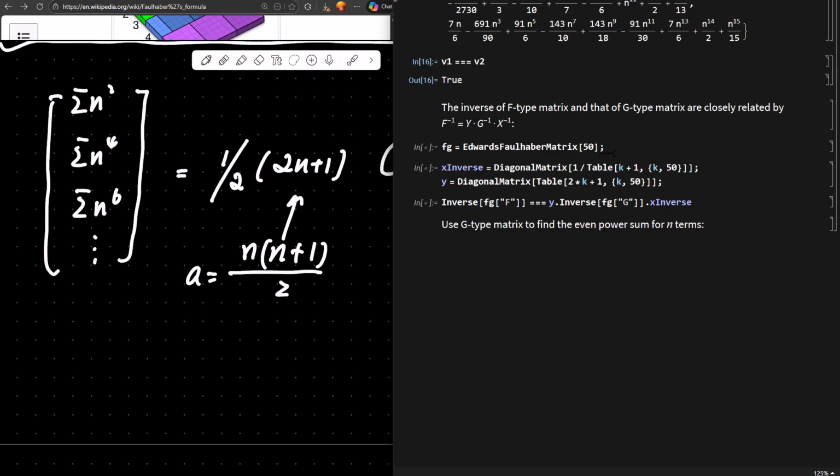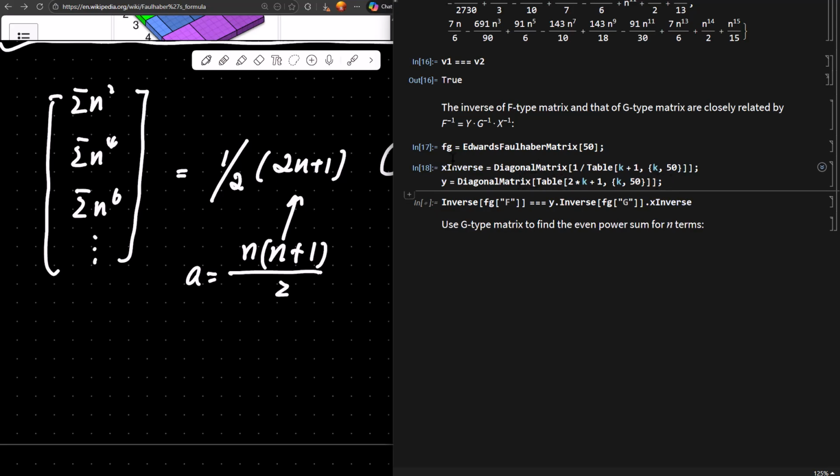Say we have f and g for 50 terms. So those are quite large matrices. And x inverse is a diagonal matrix, and each one on the diagonal is 1 over k plus 1. And y is also a very simple diagonal matrix.